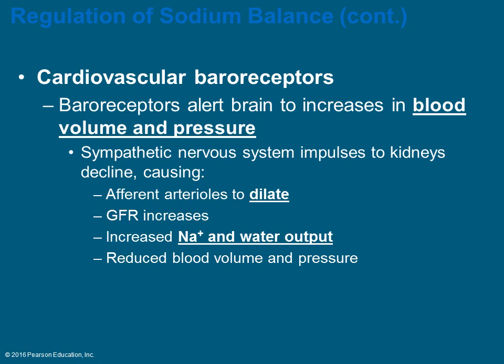There are baroreceptors associated with the cardiovascular system that can also send stimulus to the brain of an increase in blood volume, increase in blood pressure. And there will be subsequent responses to that. If it's increasing blood pressure, increasing blood volume, it tends to increase the amount of sodium and water output to reduce the pressure, reduce the volume in the blood.